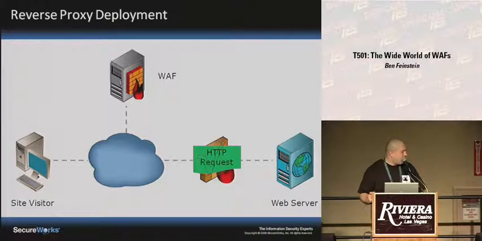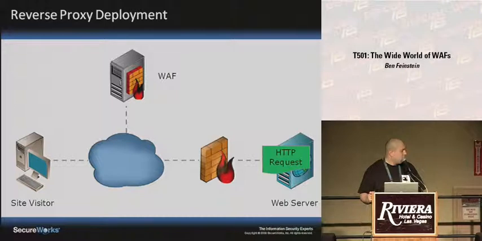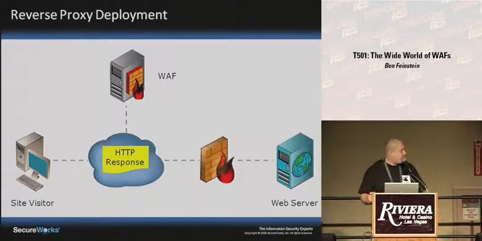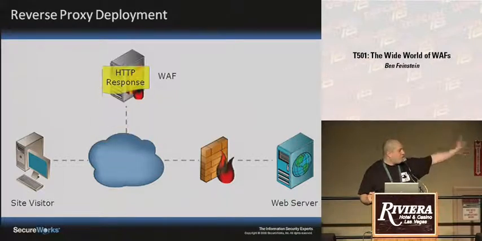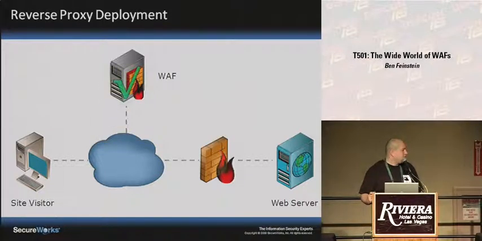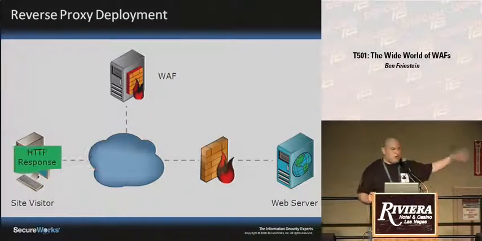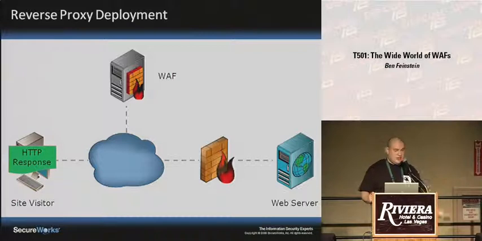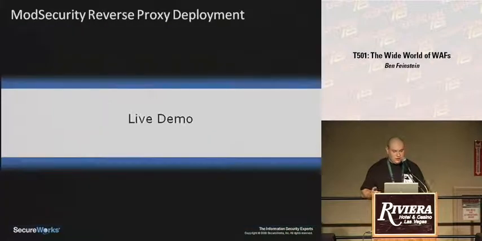And then it's going to hit your Apache server and be processed. The response is going to go back through the web app firewall and be processed, and then it'll be rewritten, normalized, and returned to the visitor. So that's how the request response flow works in a reverse proxy deployment. So let's do a quick live demo of the reverse proxy stuff here.